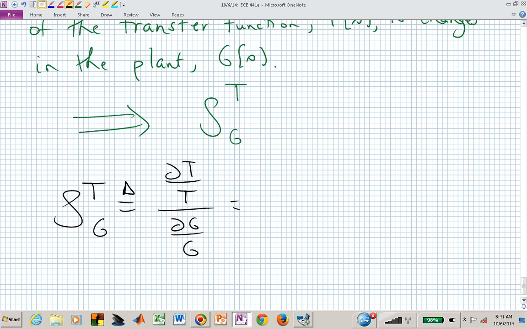And the T is in the denominator of the numerator, which says that it's effectively in the denominator. Now, if we take the partial of the transfer function with respect to G and scale it by G over T, that will give us the sensitivity of T with respect to G.